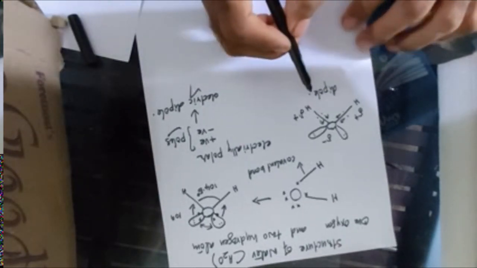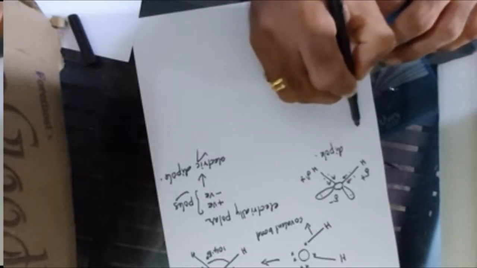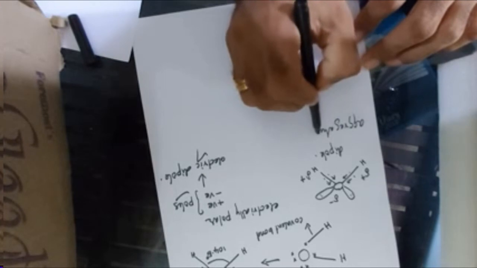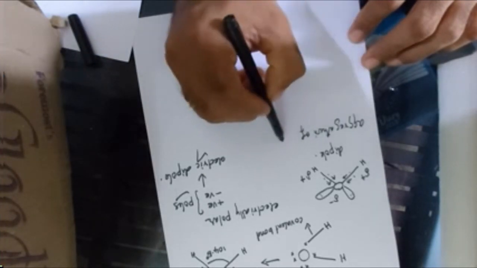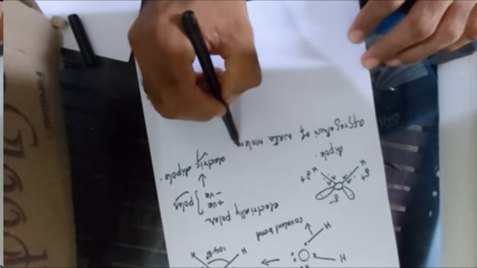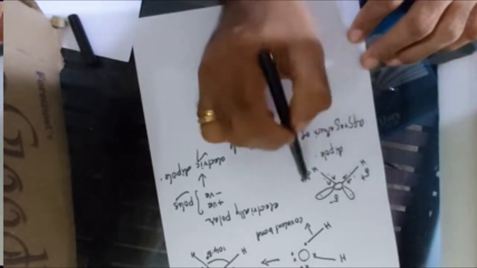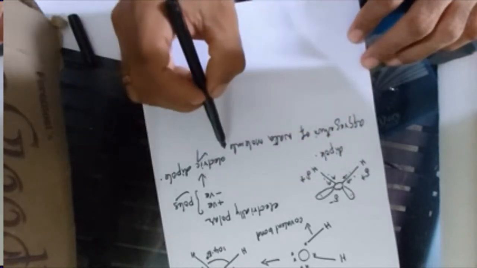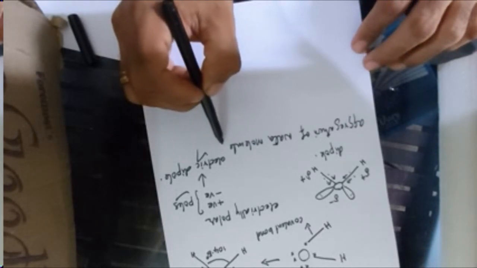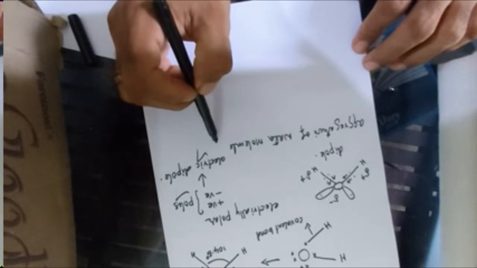Now let's look into the aggregation of water molecules. So this is the structure of a single water molecule. Now how is water formed? Lots of water molecules join each other, and how does that happen?